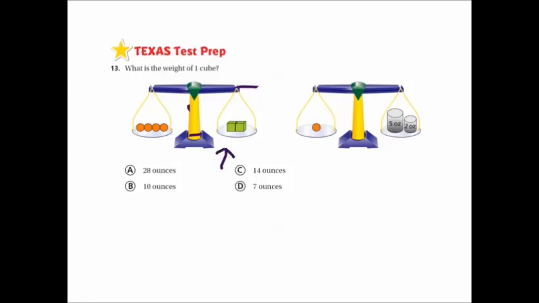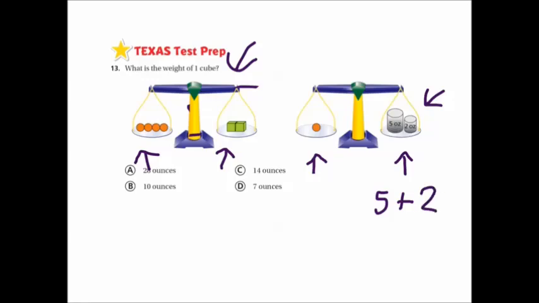Now here I have one circle, and then I have some weights, and here I have 4 circles, and then I have 2 cubes. This first balance doesn't tell me anything because there's no values to any of these. I don't know how much one circle is. I don't know how much these cubes are. But this does give us some numbers. So I'm going to add these together.